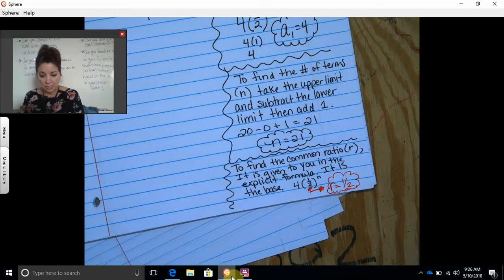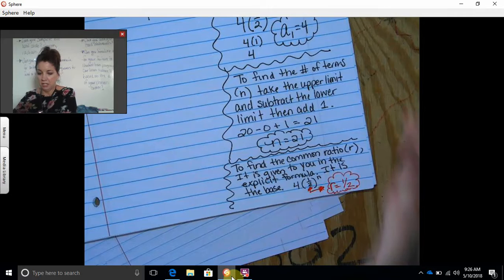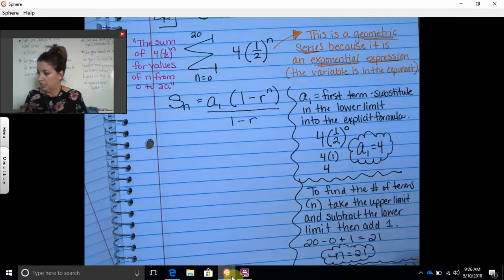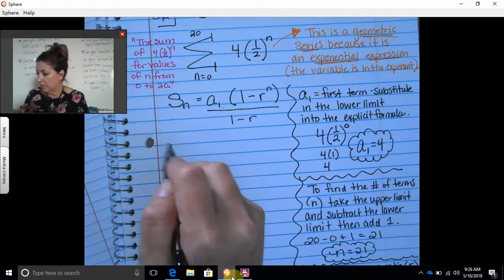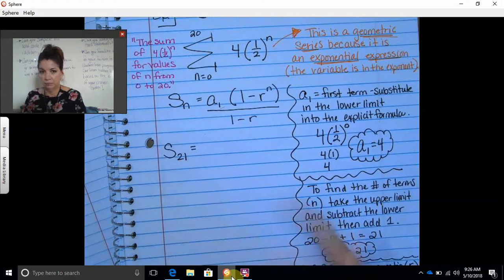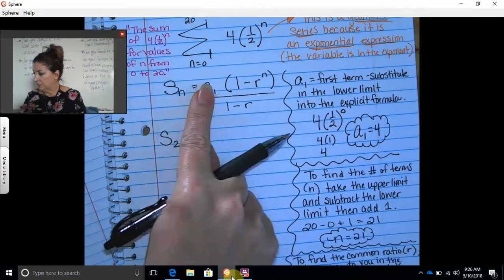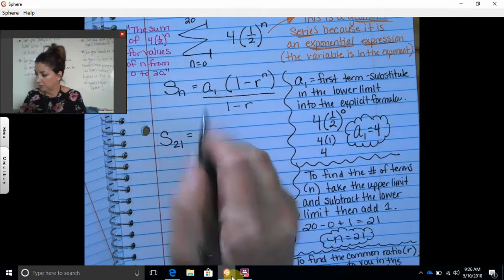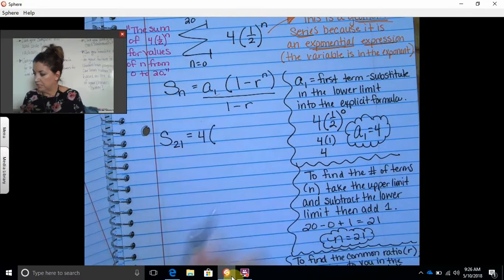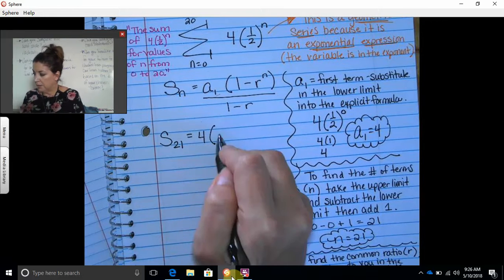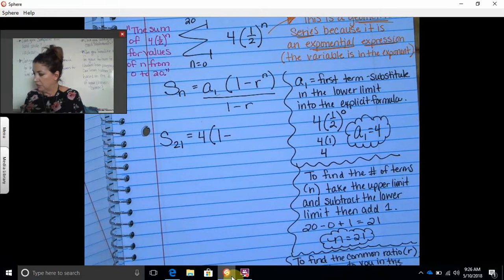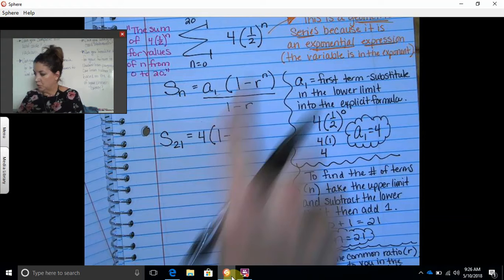So I am looking for the sum of the first 21 terms of this series, starting with term 0. So I'm looking for S sub 21. To find that, I take the first term, which is 4, open parentheses, 1 minus the common ratio, which is 1/2.